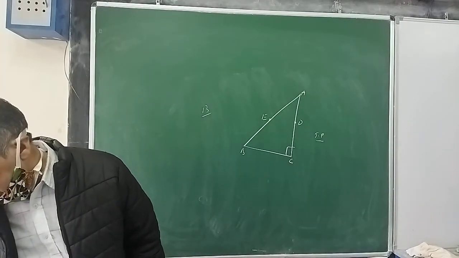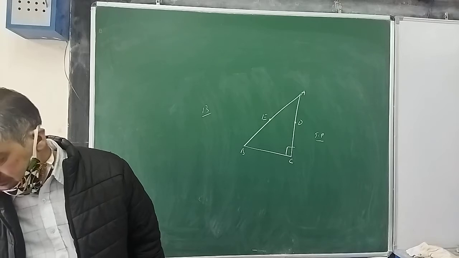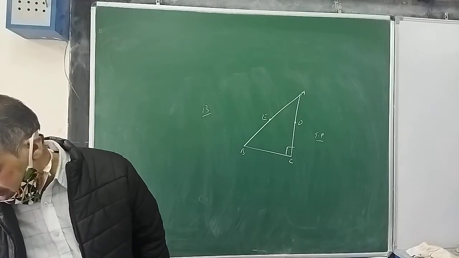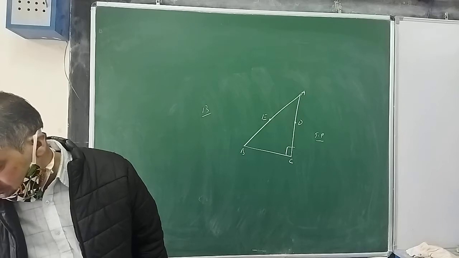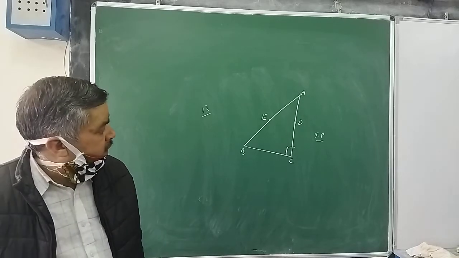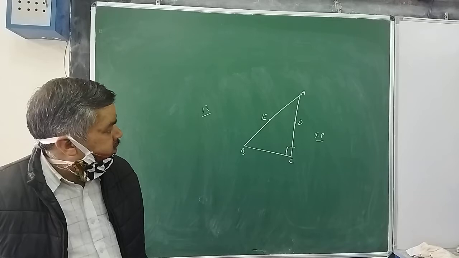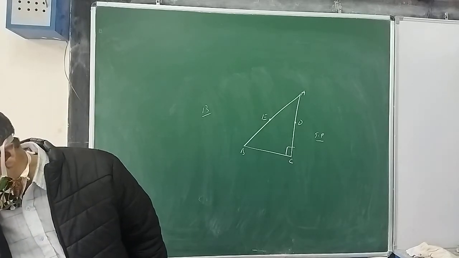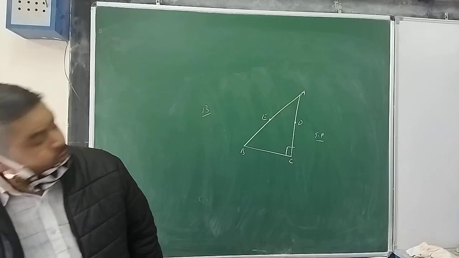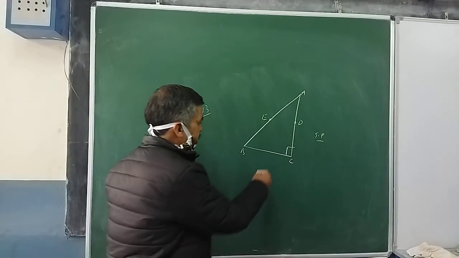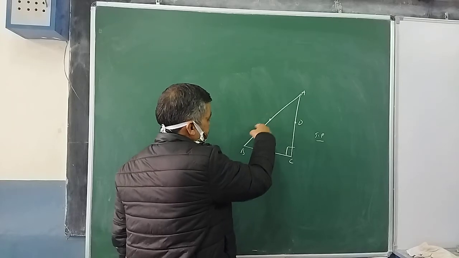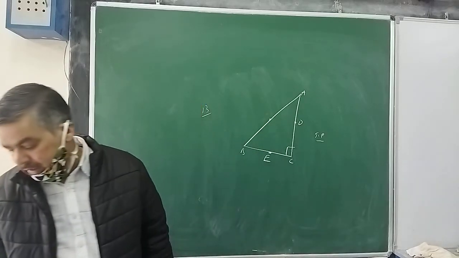D and E are the points. D is the point on CA, and E is the point on CB. Sorry, E is the point given on CB, not on AB. So mark it like that.